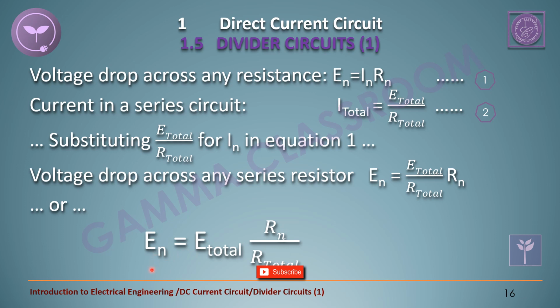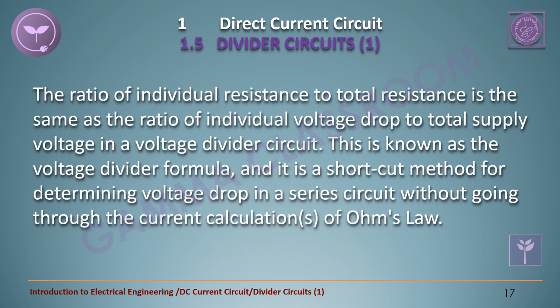So the formula is E_n equal to E total times R_n divided by R total. E_n means the voltage drop on R_n. The ratio of individual resistance to total resistance is the same as the ratio of individual voltage drop to total supply voltage in a voltage divider circuit.